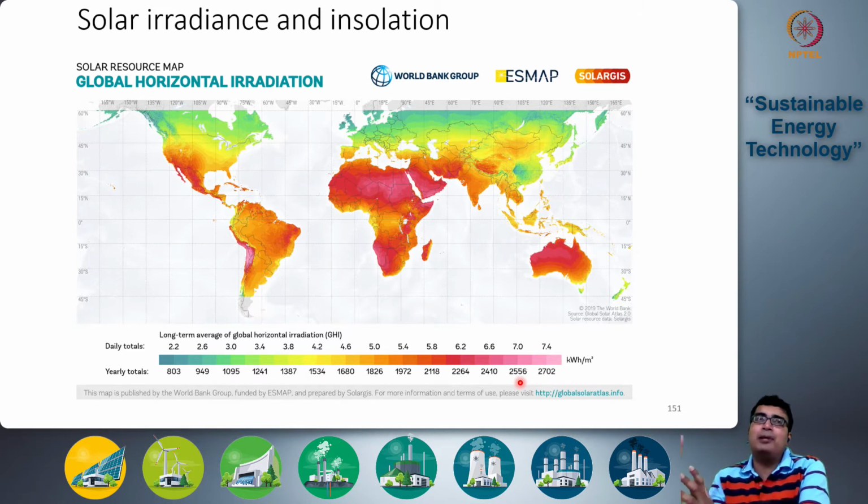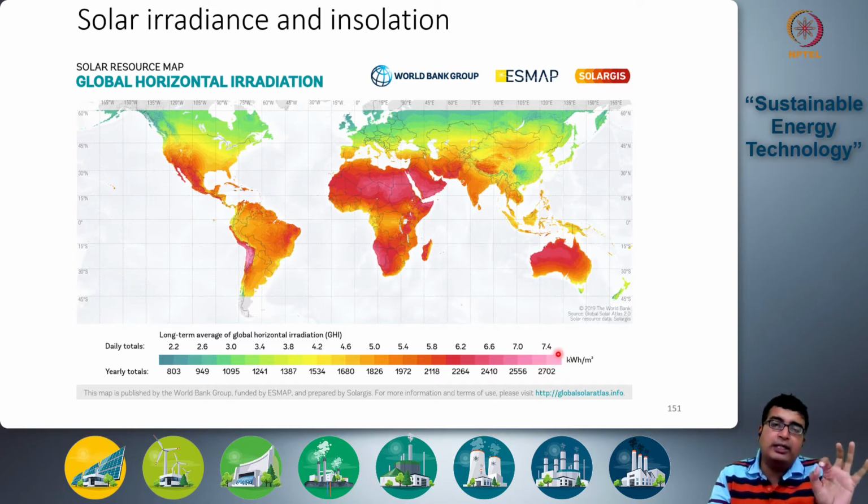So you multiply by 24 and you get 2.4 gigawatt hour of electricity generated per day. Here, however, on a square meter of land, only 7.4 kilowatt hour of energy is available.